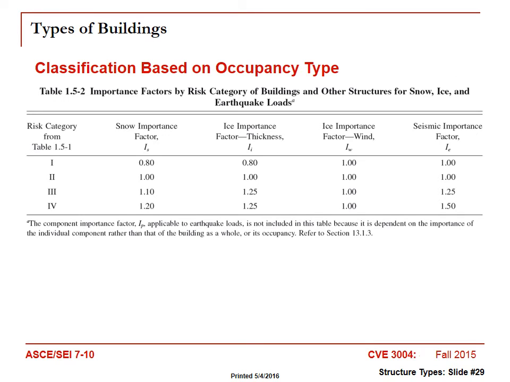Here's what I was talking about, how our categorization of the type of building we have is based on its risk if it was compromised during an emergency. You'll see this as it relates to the different loads that we'll talk about, and we'll get into this more in depth as we progress through the semester.